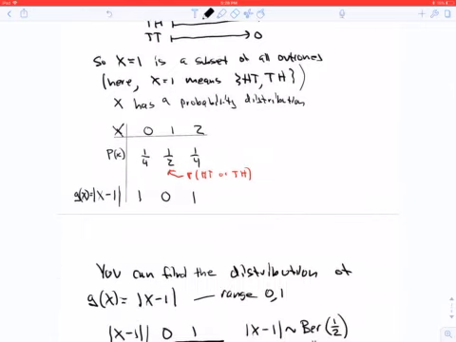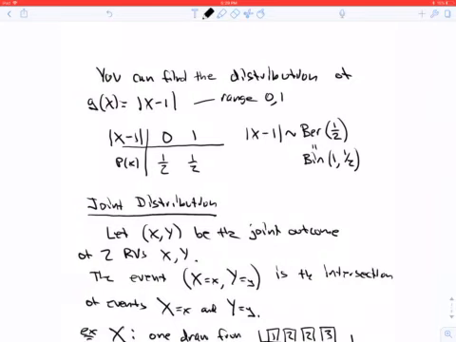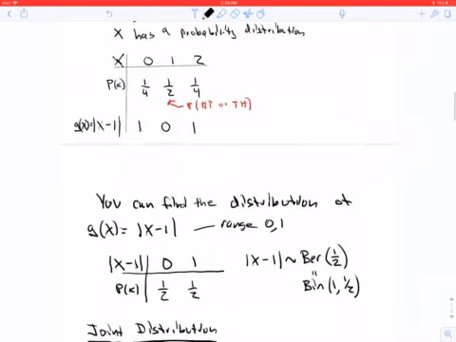And if g is a function of X, for example, the absolute value of X minus 1, then the values of this function of X are 0 and 1, and you can find the distribution of g(X) to be 1/2, 1/2.